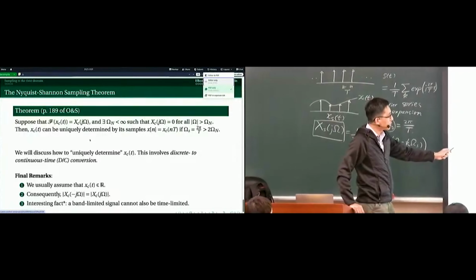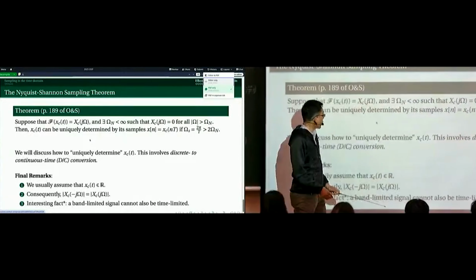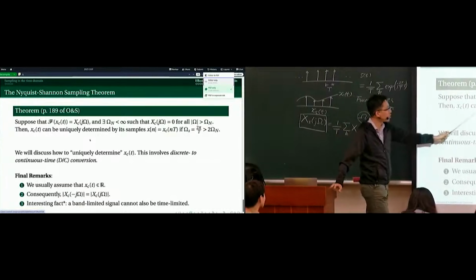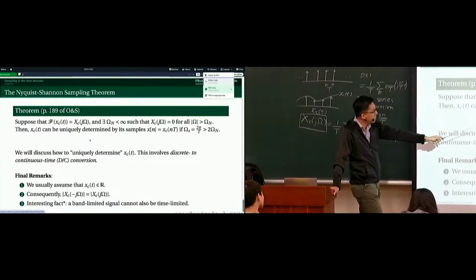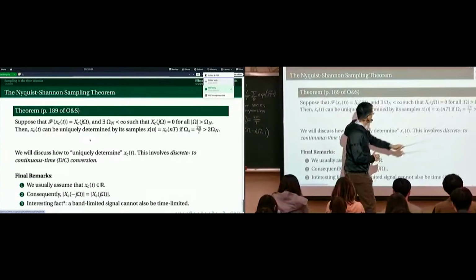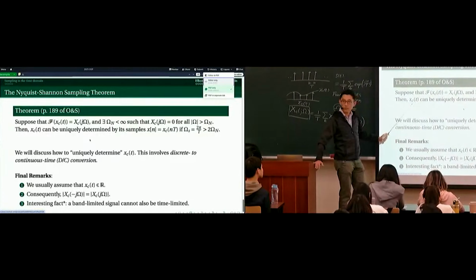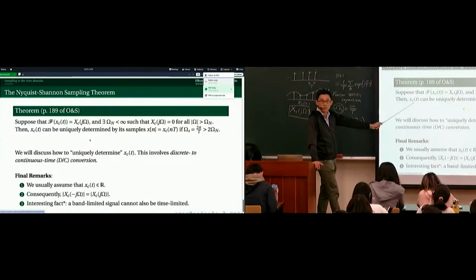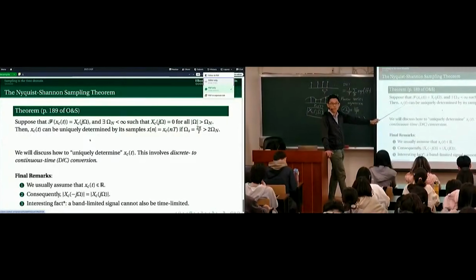Because you want to sample at a sufficiently high rate so that your signal can be reconstructed. This is a mathematical way of saying things, but really it means that if you sample with a sufficiently high rate, then you will be able to uniquely determine your signal from the samples. In theory, your signal can be reconstructed. There will be no ambiguity, no aliasing, no confusion.